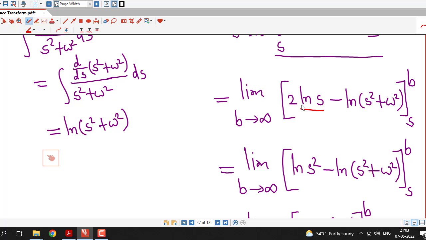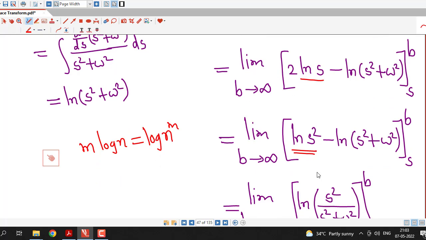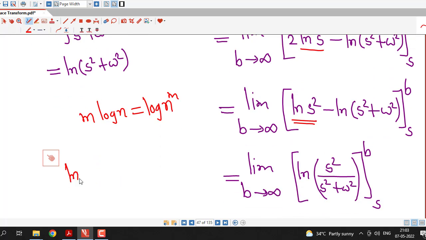First we use this property, m log n equal to log of n raised to m. And we have used this property also, log of m by n is log m minus log n.